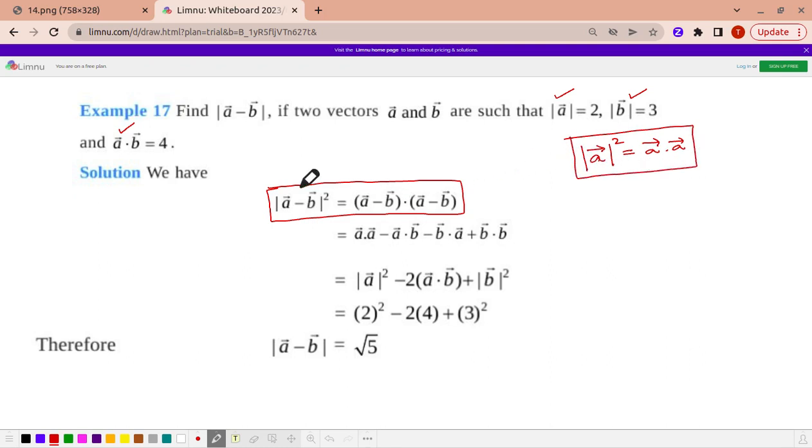So mod of A minus B whole square is equal to A minus B dot A minus B. Now we apply the two properties we have learned from the scalar product.